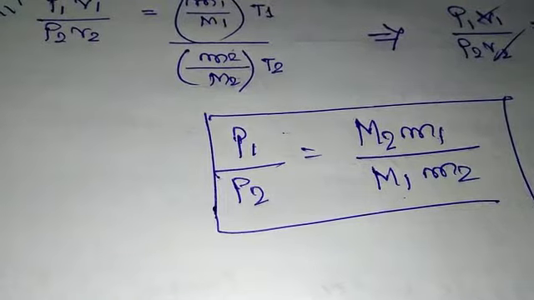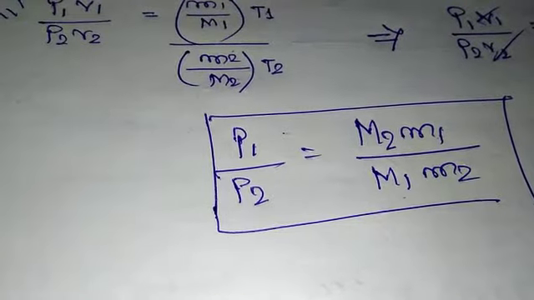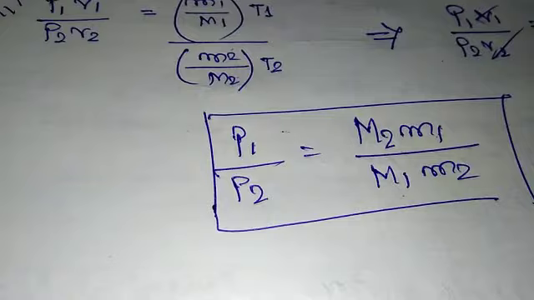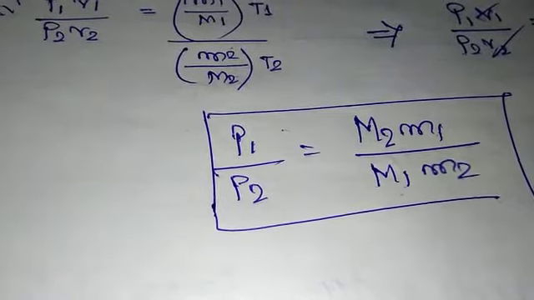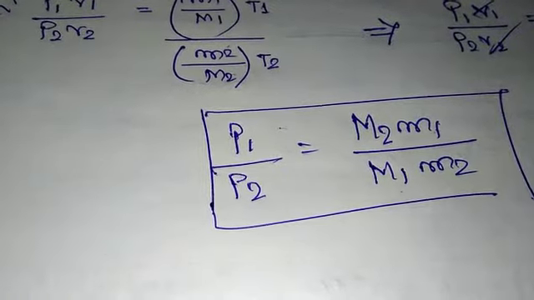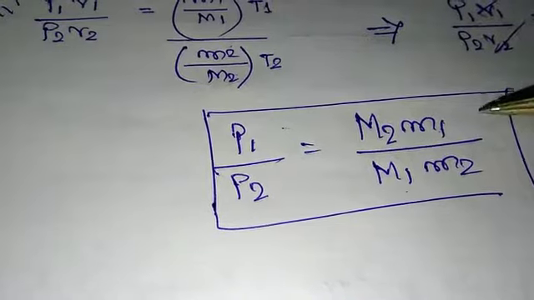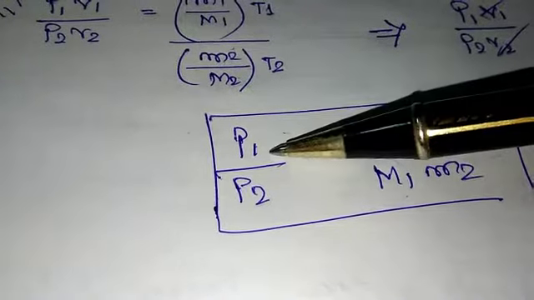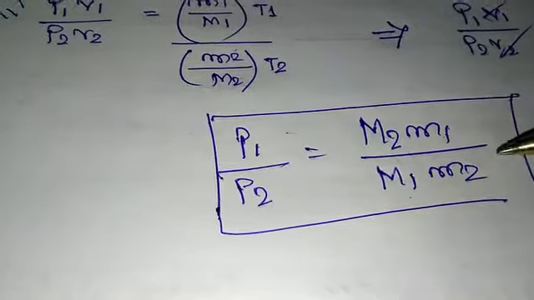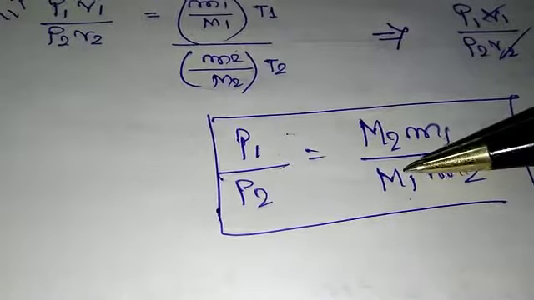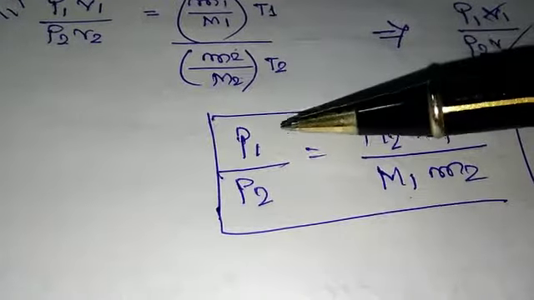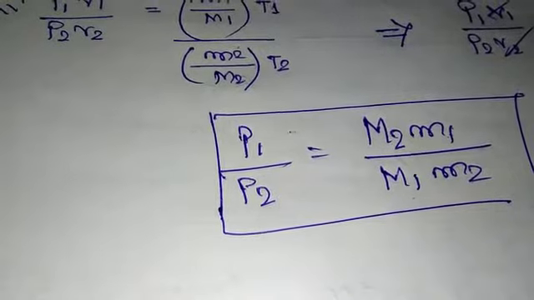That's pretty common also. If you want to expand a balloon filled with helium gas, you have to pump in more helium gas. That's it. So if we increase the mass, the pressure will increase. But if the molecular mass of a substance is higher, then its pressure will be lower, and vice versa.